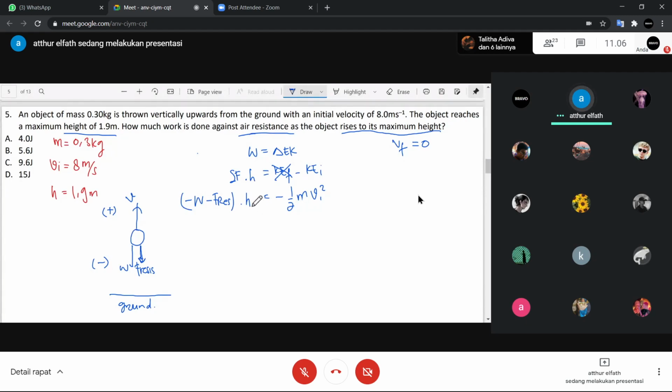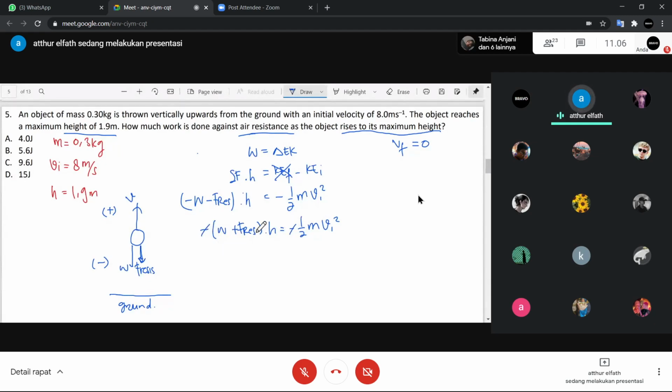I want to take out the minus symbol because both of them have the minus. So the equation will be like this: minus 1/2 mass velocity initial squared, so we can omit the minus.